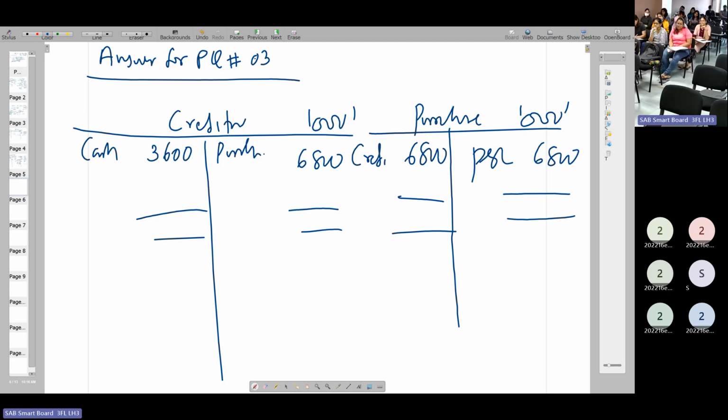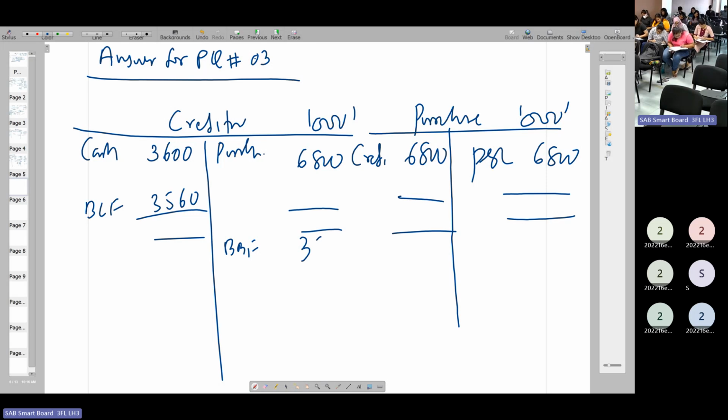Cash credit, debit. This is the point. What is the remaining balance to be paid? 20,000 euro. That amount needs to be translated using the closing date rate. Balance carried forward, balance brought forward, 3,560.